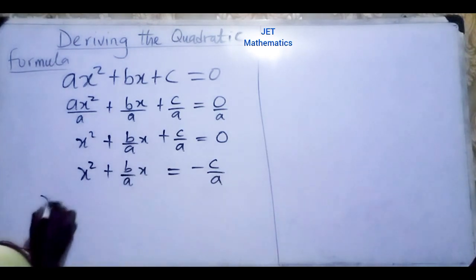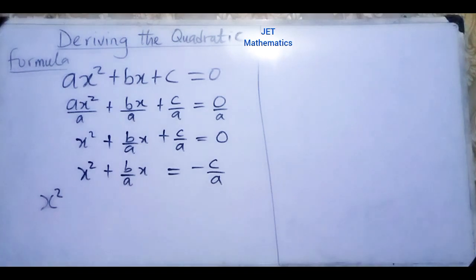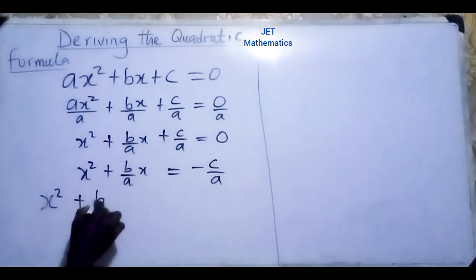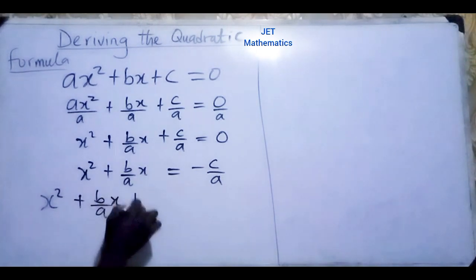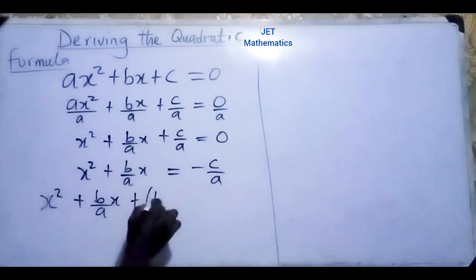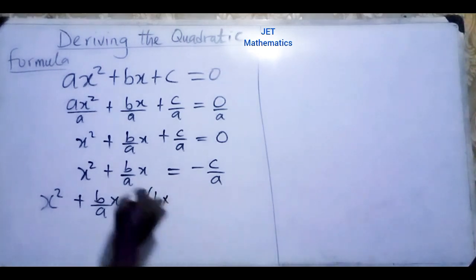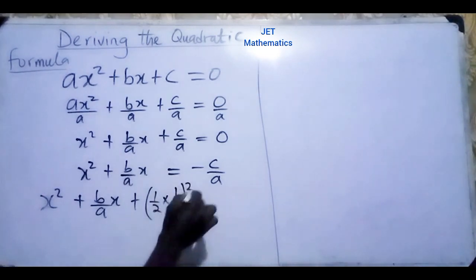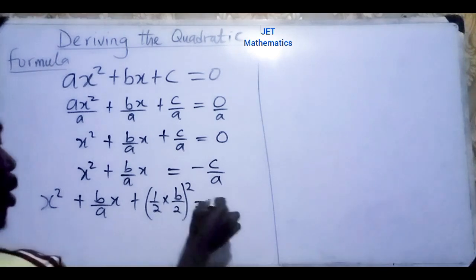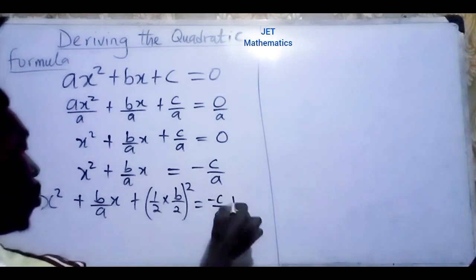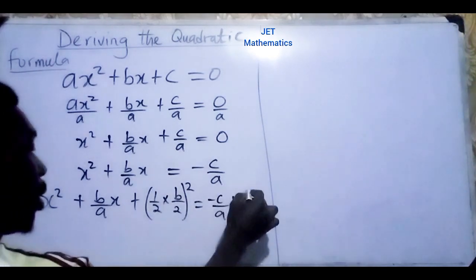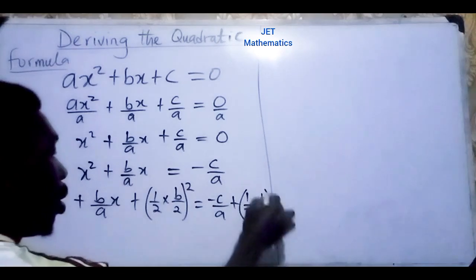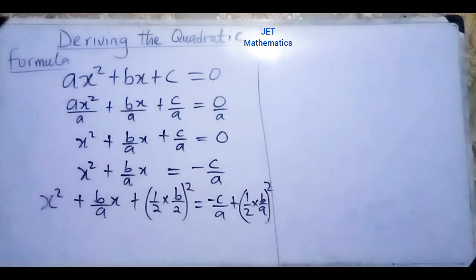So we have x squared plus b over a x plus half times the coefficient of x, b over 2, all squared, equal to minus c over a plus the same thing on this side, 1 over 2 times b over a, all squared.